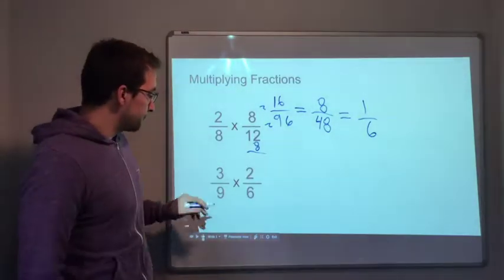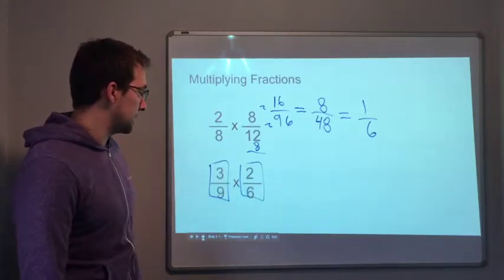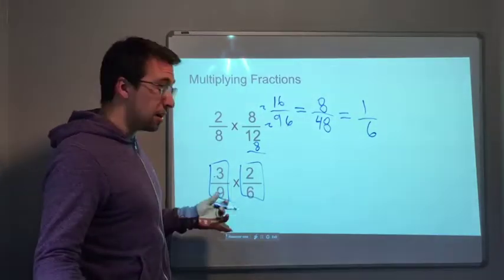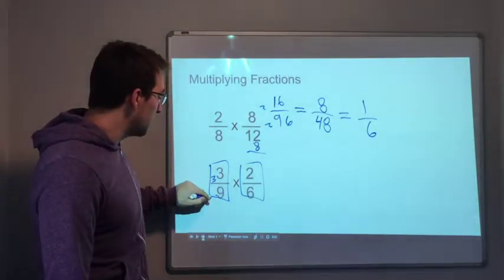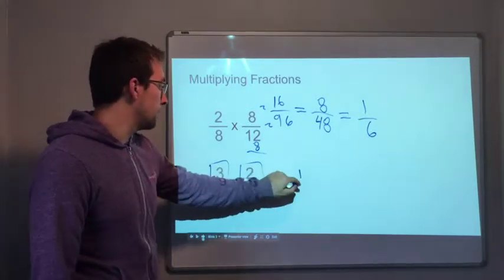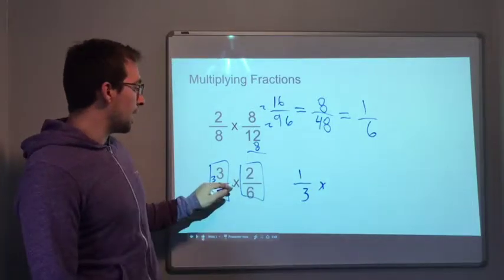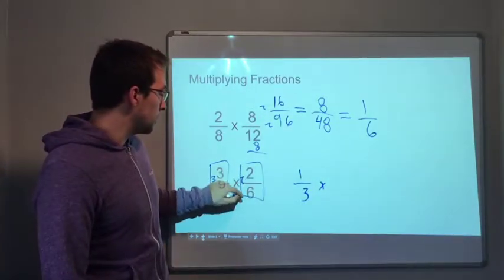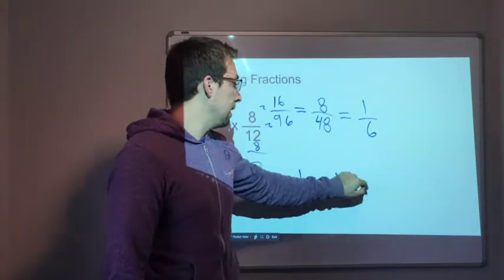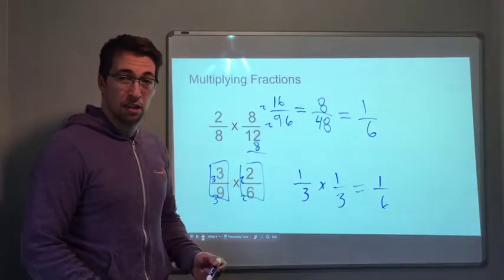So we'll continue. Look, we can reduce these. 3 over 9, 2 over 6. 3 and 9 have a common factor. We can divide them both by 3. Right? So 3 divided by 3 is 1. 9 divided by 3 is 3. Okay, so 1/3 times, 2 and 2, times 1/3. 1/3 times 1/3 equals 1 out of 6. 1/6.